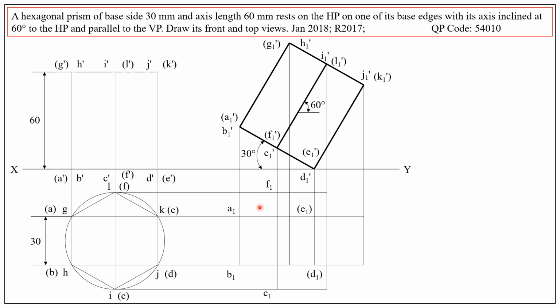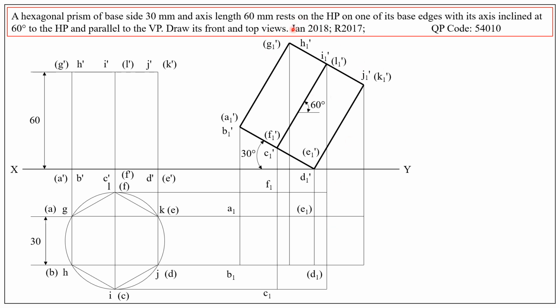Out of the 6 points, D and E are the points touching the horizontal plane, and when we look from the top, they are hidden by the solid at the top. Therefore, they are invisible and hence put within brackets.